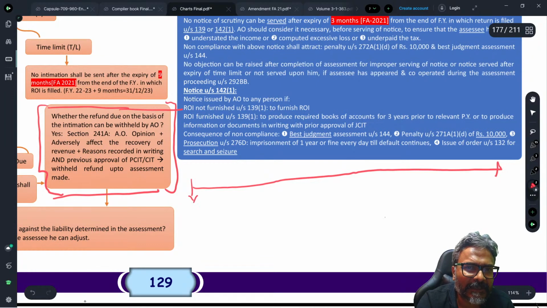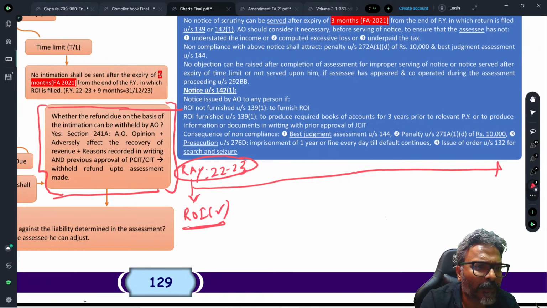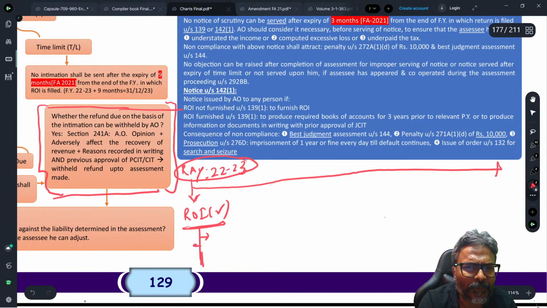What happens is this: say the ROI for the relevant assessment year, say assessment year 22-23, would have been filed by the assessee. The due dates on which the ROI would be filed are also known to all of you.